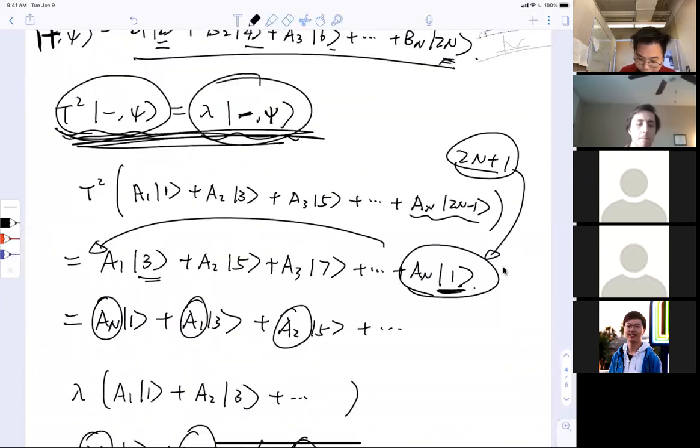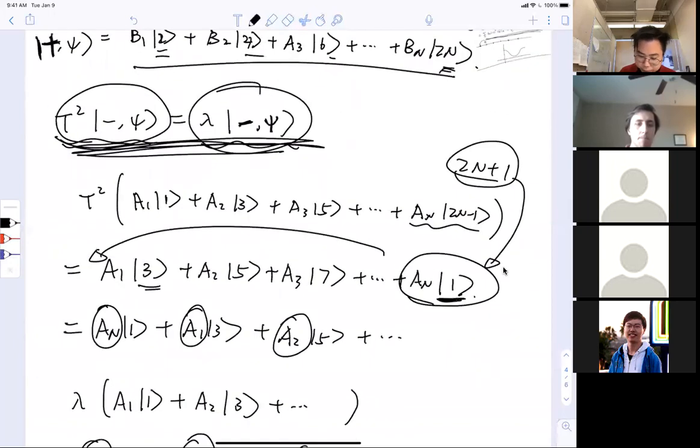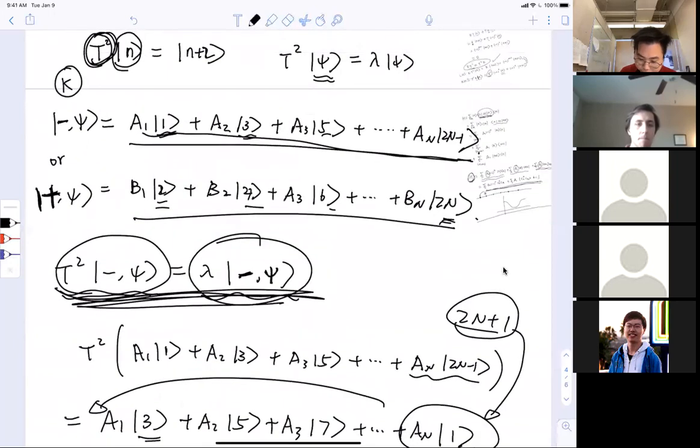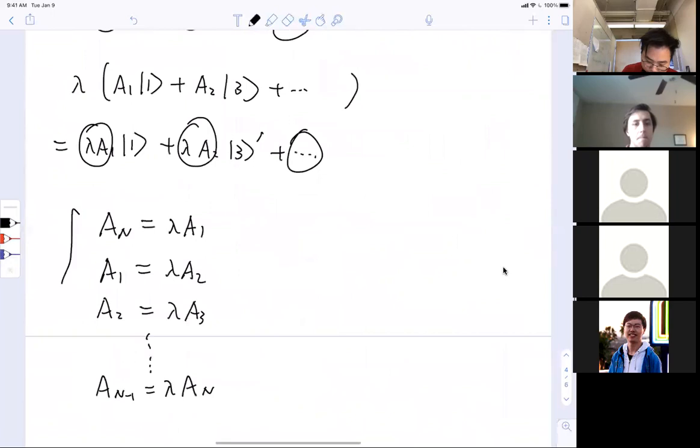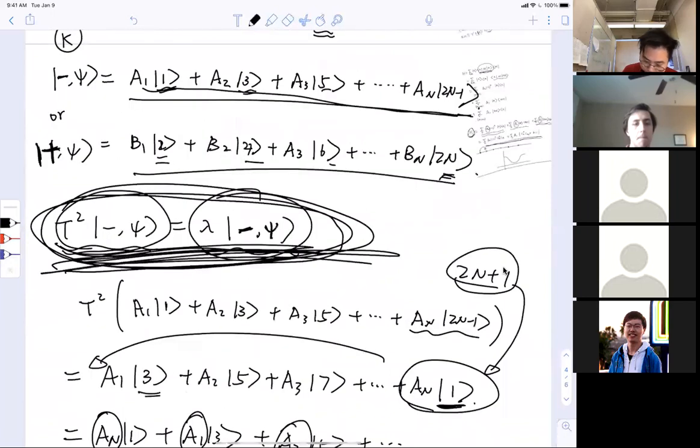Okay, just to make sure you understand what I'm doing here: I'm trying to get a set of equations from this equation.